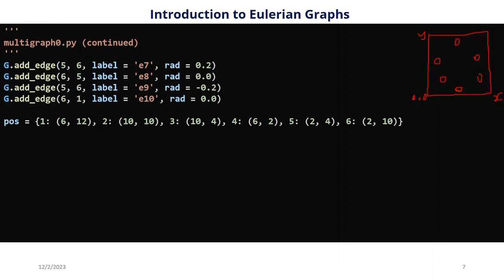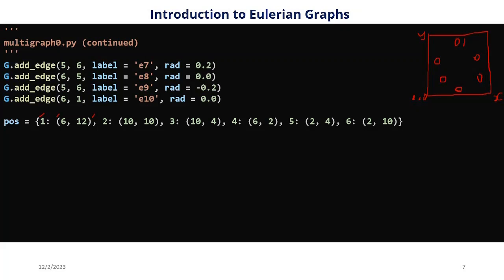So this is node 1. First of all, you take the node and then you describe whichever location you want the node to be. So what we have here is our graph sheet, and this is node 1.